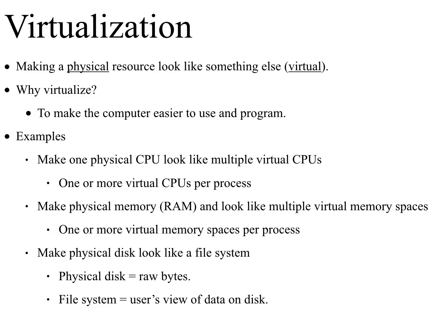For example, you might have one physical CPU on a computer, and you may have many processes running on that computer. When all these processes execute, each one of those processes believes that it has a dedicated processor of its own. However, in reality, the operating system is virtualizing a single physical CPU and making it appear as if each process has a virtual CPU of its own.